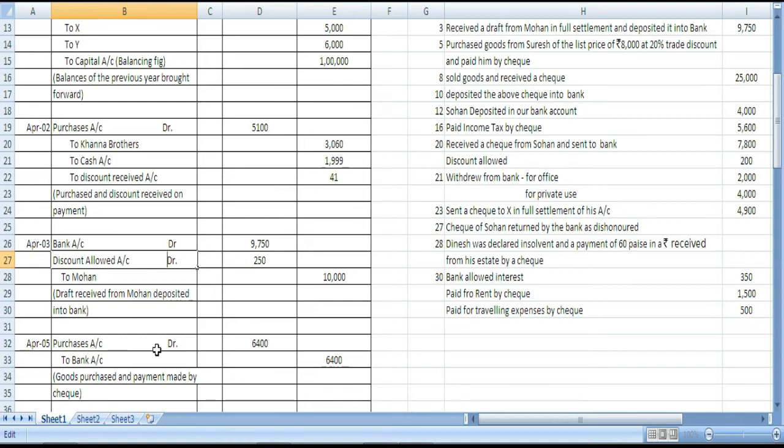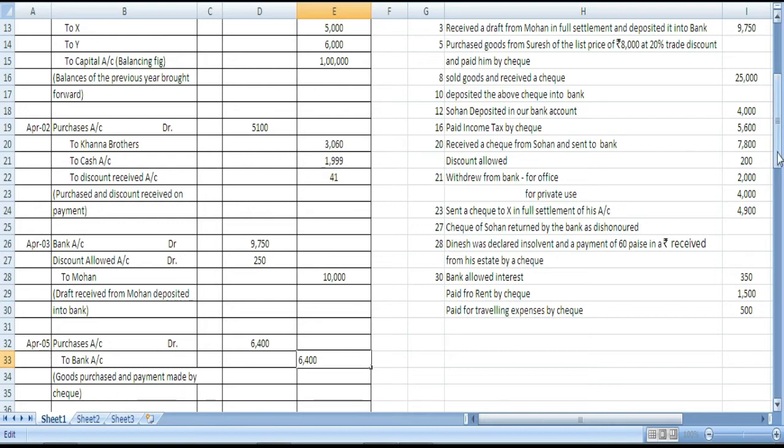So, purchases will be debited because it is a nominal account, expense debit, and bank will be credited because the check is going out of our bank, money is going out. Directly we will write here the amount after trade discount, that is 6,400, that is 8,000 minus 20%. Goods purchased and payment made by check.